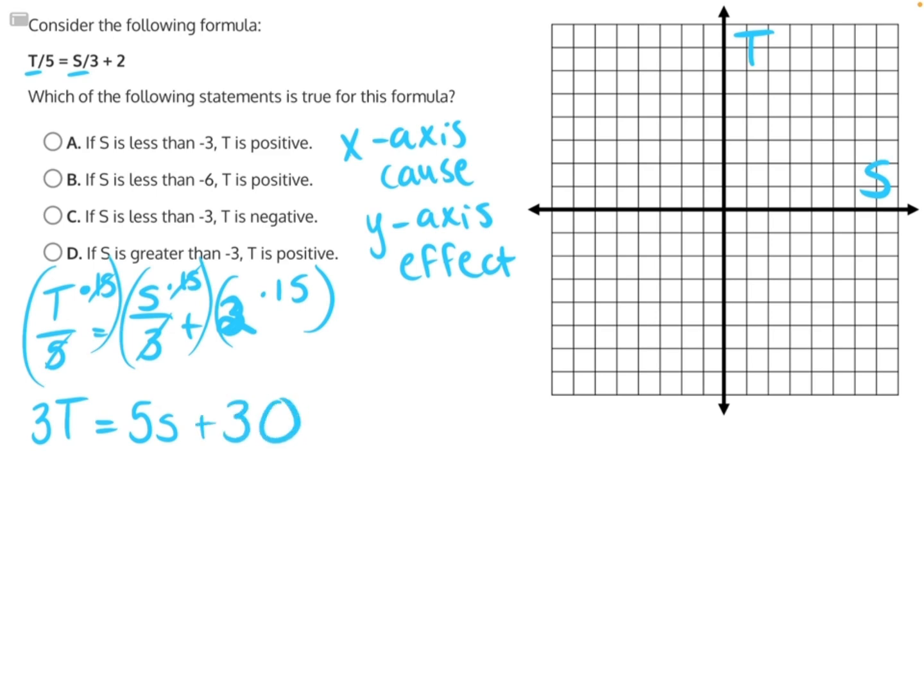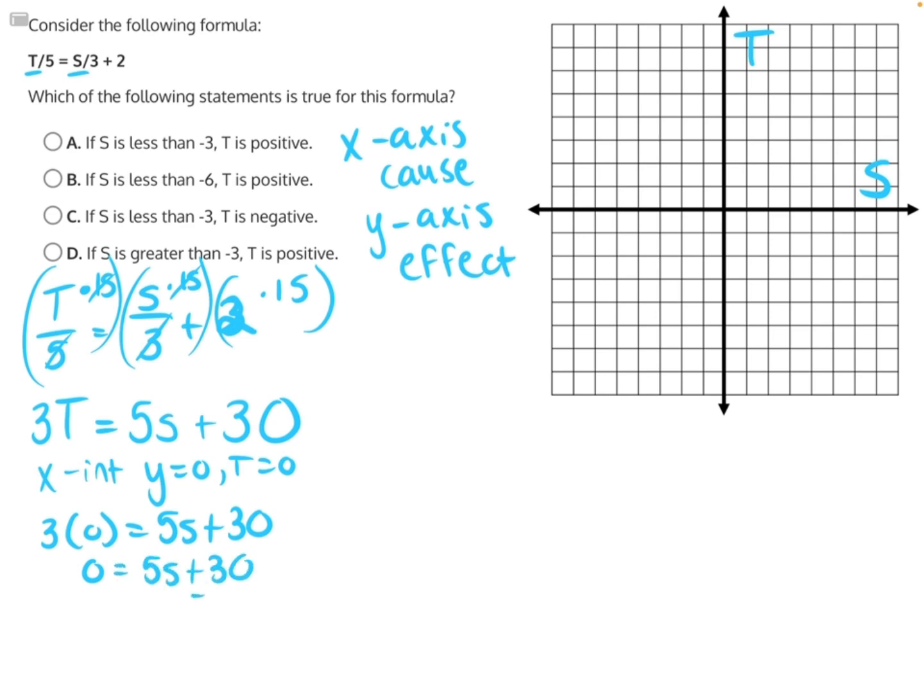So now that we have a new equation that's easier to work with, we can start to find our intercepts. Starting with our x-intercept, that's when y equals 0, or in this case, when t equals 0. So let's plug that in. 3 times 0 equals 5s plus 30. 3 times 0 just gives us 0, equals 5s plus 30.